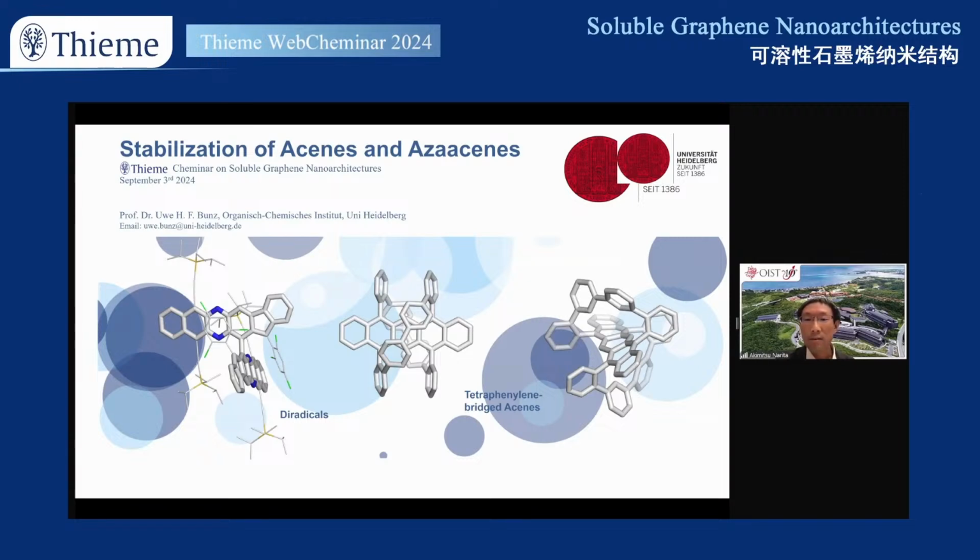And he did a postdoctoral stay in the group of Professor Peter Vollhardt at UC Berkeley. And then he joined the Max Planck Institute for Polymer Research for his habilitation, I think, as a Liebig scholar. And he got his habilitation in 1997 from Johannes Gutenberg University of Mainz, which is next to the Max Planck Institute. And then he moved to the University of South Carolina as associate professor.